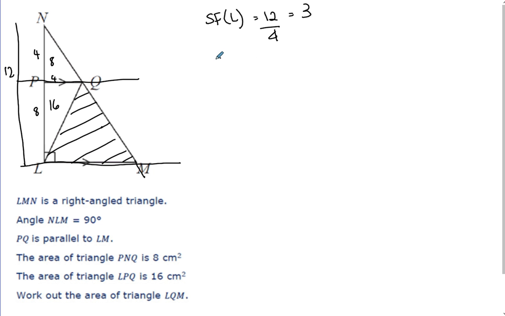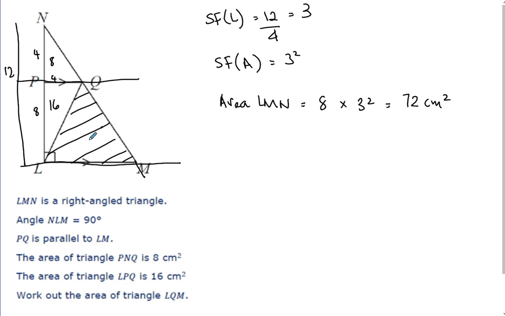So the scale factor of the area would be 3 squared. We don't need the volume here. Now we want to find the area of that. So the area of LMN, the bigger one, will be the area of the small one, which is 8, times the scale factor of the area, which is 3 squared, and that gives you 72 centimeters squared.